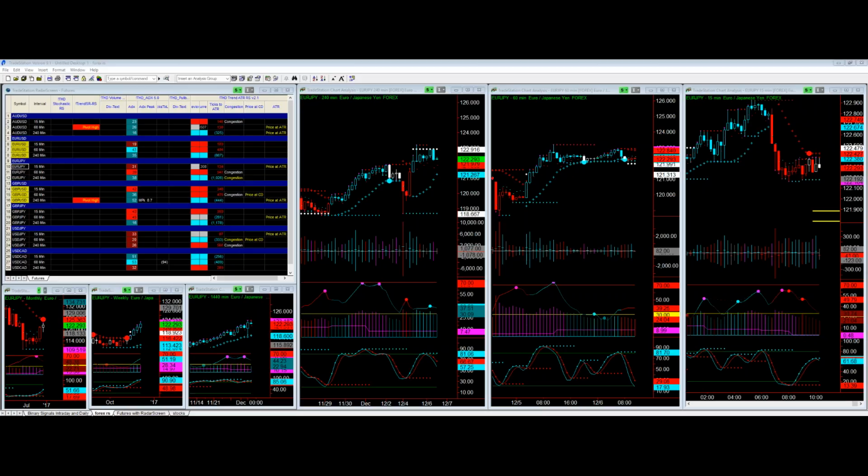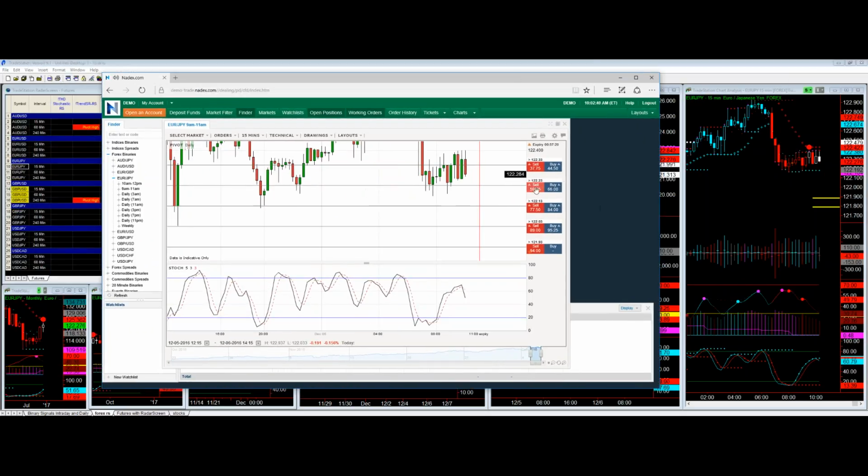Euro yen. I'm looking at the 9 a.m. to 11 a.m. expiration. And this one, the only one you could probably do would be this one.